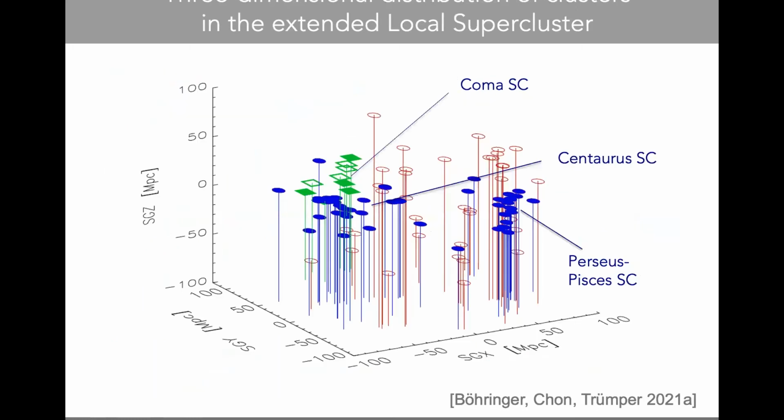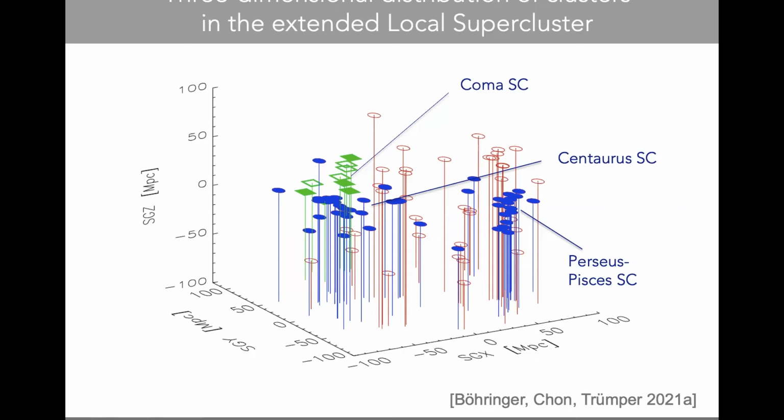Now we are looking into the plane, and we are looking at what is the structure inside the plane. These are just all the galaxy clusters inside this sheet, in the supergalactic plane, plus minus 25 megaparsec. And we have the Coma cluster, this green stuff. The open symbols are the clusters outside the supergalactic plane.